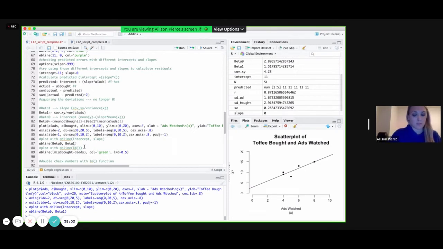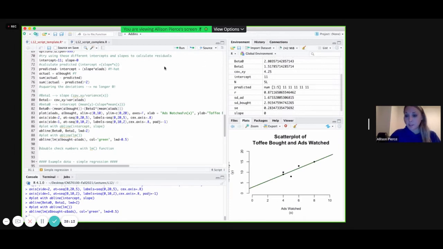I want to make this one a thicker line. And I'm going to plot this one, and it should be over it. And so now do you see how that green line is sort of inside the black line, because it's giving us the exact same line. So again, just illustrating, this is the manual way that lm is calculating the slope and the intercept.